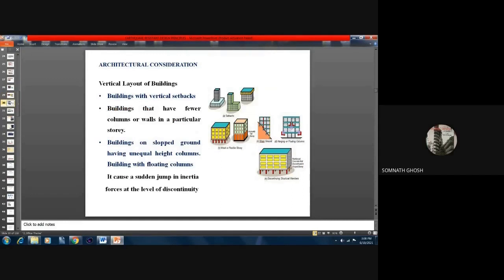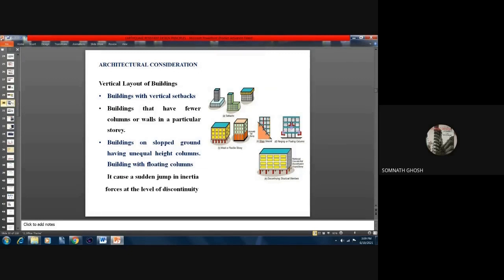Now, try to think about this kind of buildings. A building with vertical setback. Buildings that have fewer columns or walls in a particular story. Buildings on sloping ground, which is happening in hilly areas, having unequal columns.